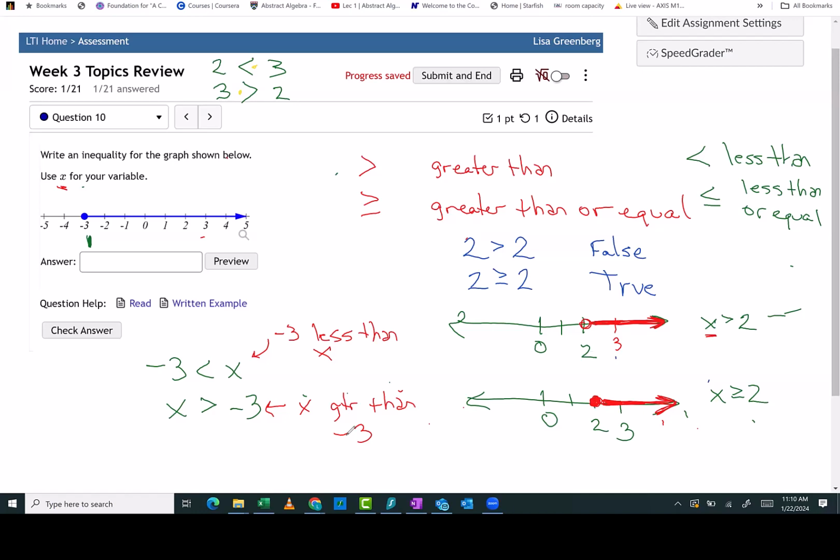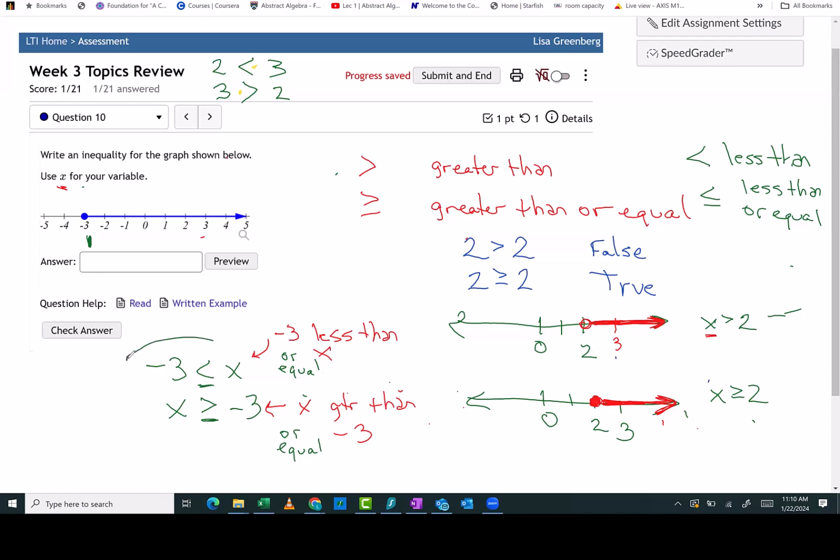Now, the only thing we have to think about is that it's a closed circle. I didn't take that into account yet. I have to make these less than or equal or greater than or equal, because I have a closed dot. That closed dot makes me put that underline. I can put this answer either way.